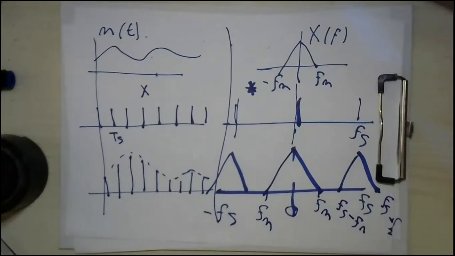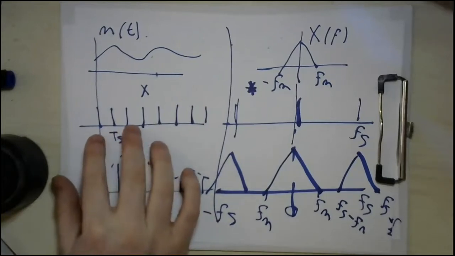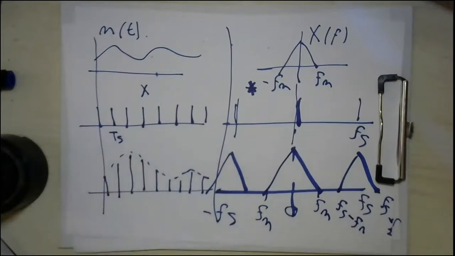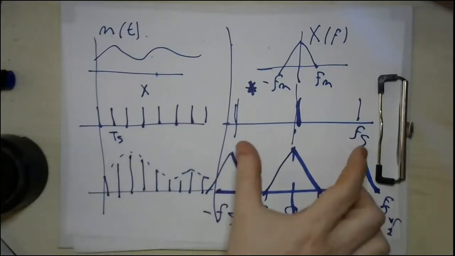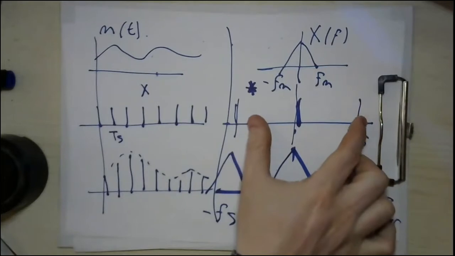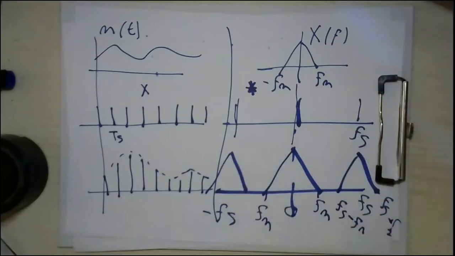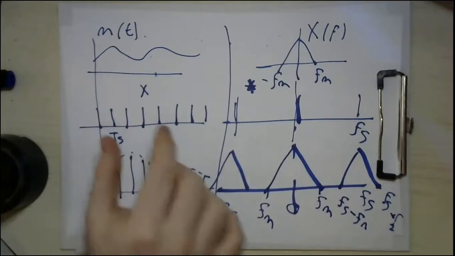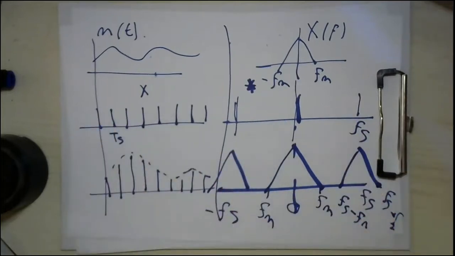What if we increase Ts? What if we increase the value of Ts? Then automatically the value of Fs will be narrowed down, because we agreed that time and frequency are reciprocals. So whenever you increase time, you decrease frequency.